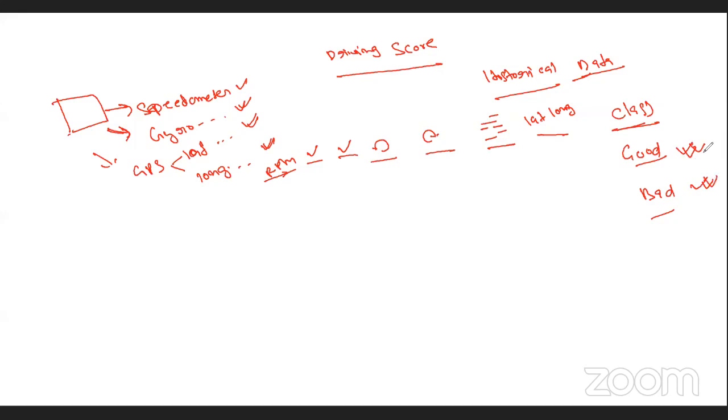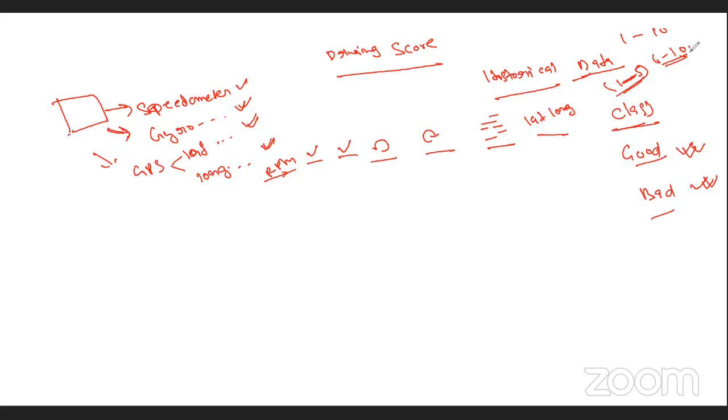Now, even within good, let's suppose I'm giving a rating to the driver from 1 to 10. Good means maybe 6 to 10, so here we have multiple categories, and again 1 to 5 here, inclusive of 5 and inclusive of 6. So the drivers who fall in between these ranges are not that bad, or not that good.